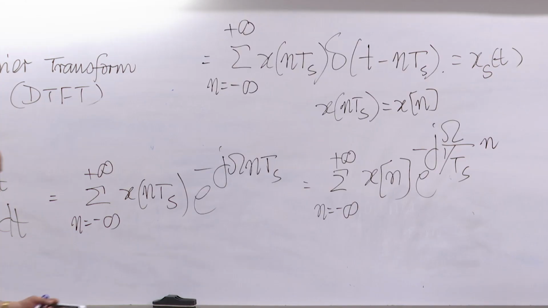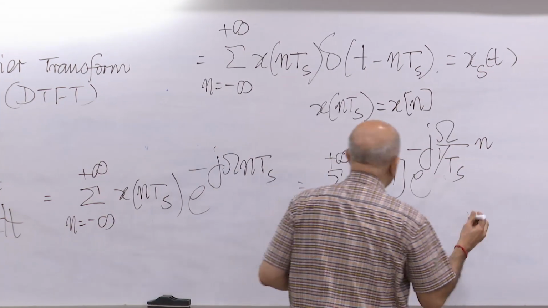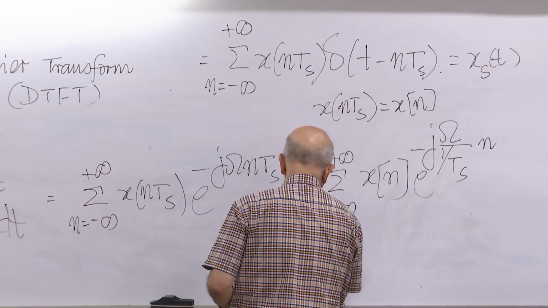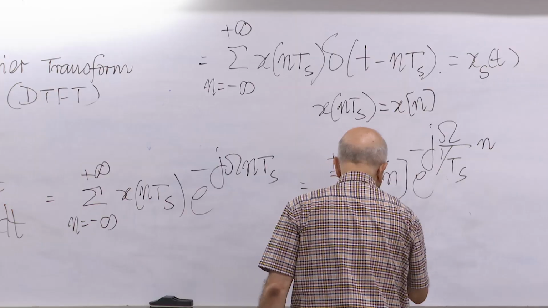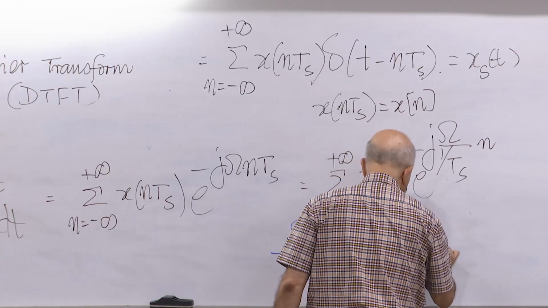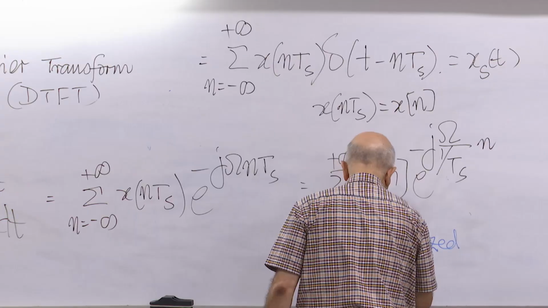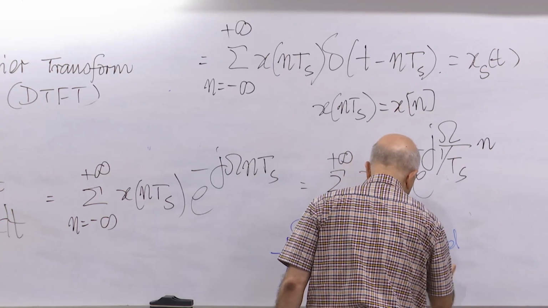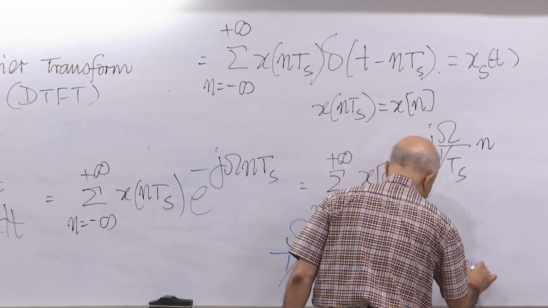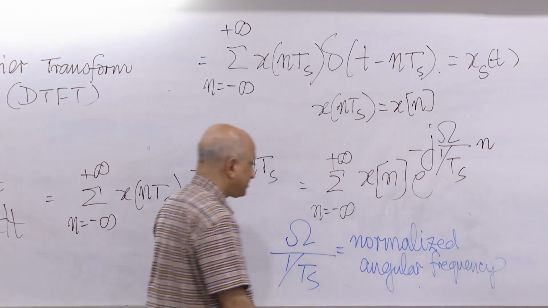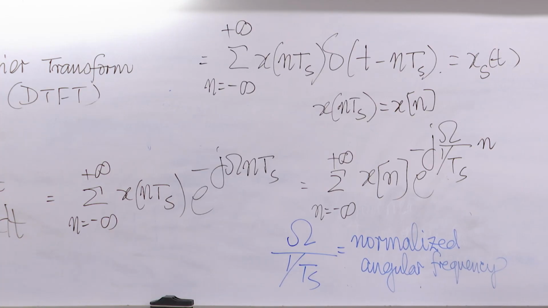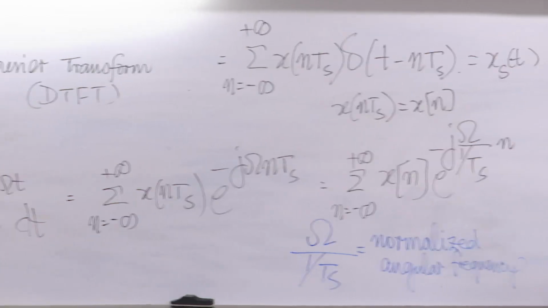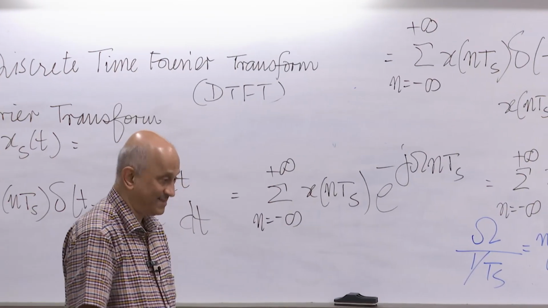Now, what is the interpretation of omega divided by 1 by ts? Omega divided by 1 by ts is a normalized angular frequency. 1 by Ts you can write as Fs.